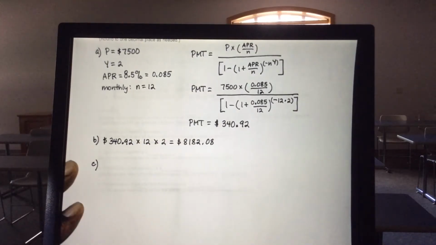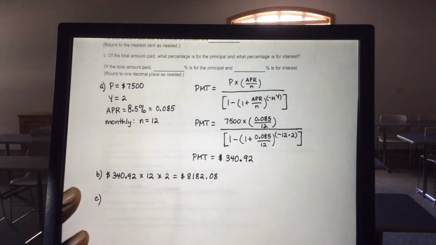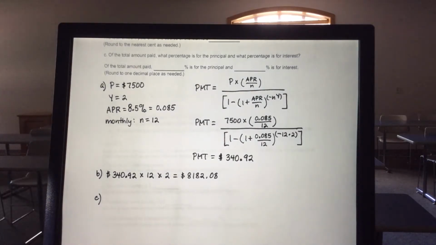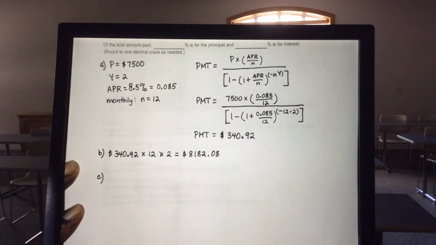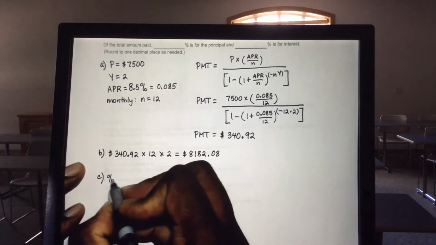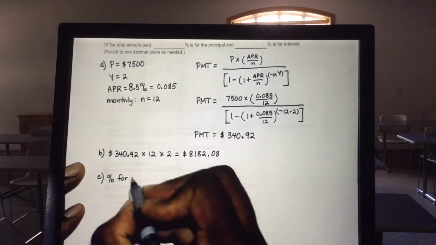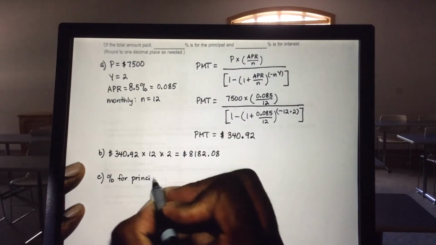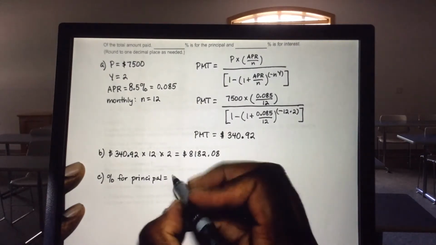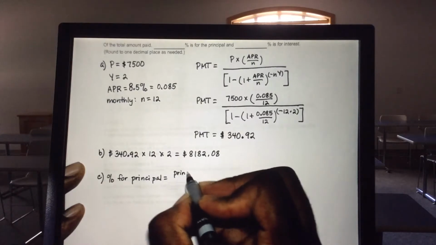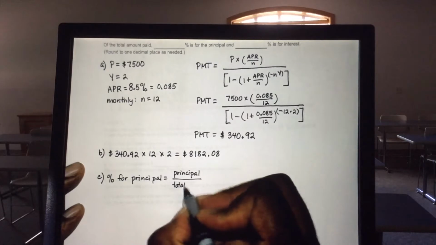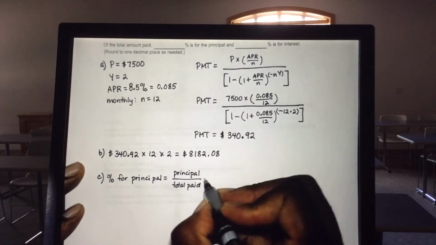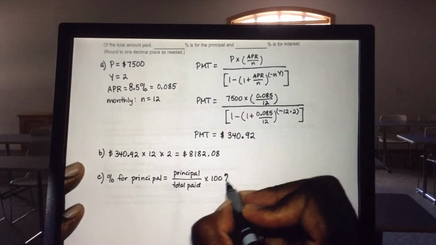Now for part C. Of the total amount paid, what percentage is for principal and what percentage is for interest? Let's find out what the percentage is for principal. That's, of course, the principal itself divided by the total amount paid, times 100%.